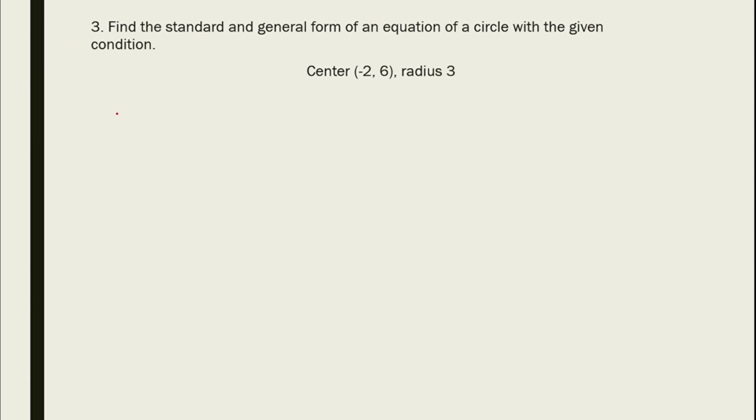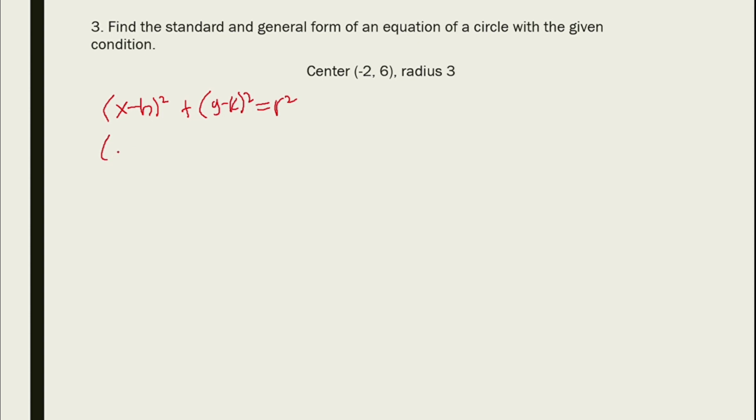So by the use of this general form, we could find the equation of the circle in standard and general form. We have x minus h squared plus y minus k squared is equal to r squared.